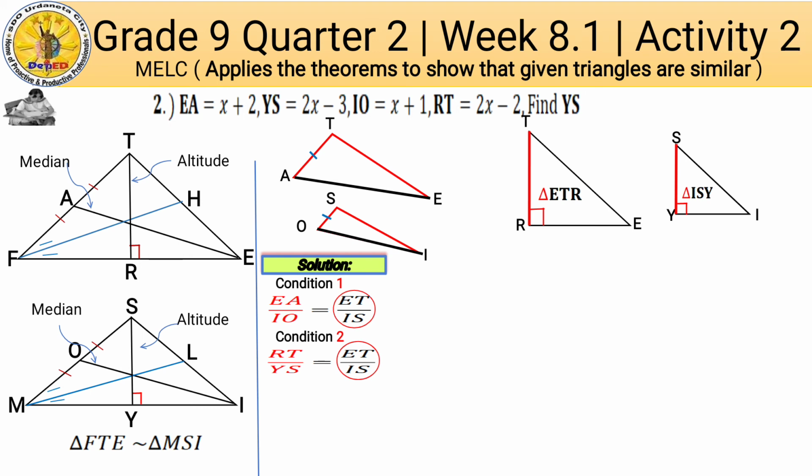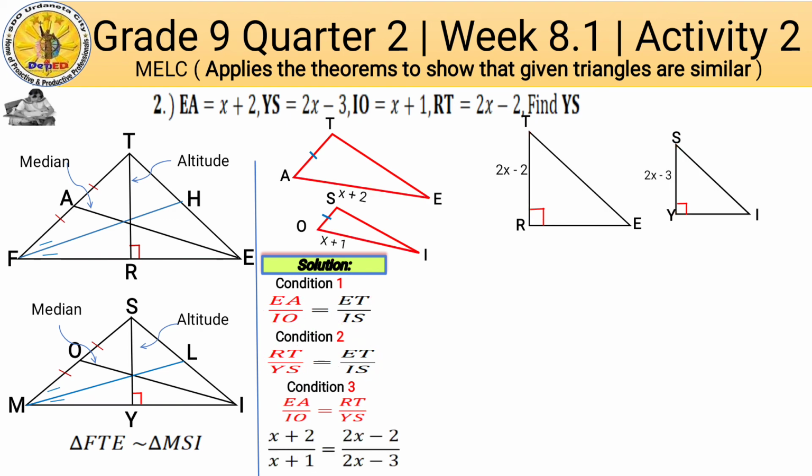For our third condition, equate the two equations. Since both proportions have sides in common, and using substitution, the proportion that we will use is the ratio of the medians EA and IO equals the ratio of the altitudes RT and YS.